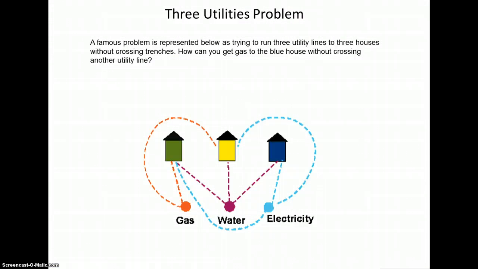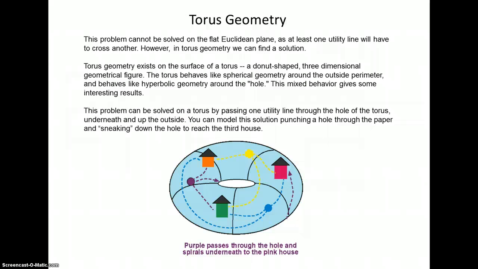A famous problem, the 3 utilities problem, also comes in with non-Euclidean geometry. If we have 3 houses and they each need to have 3 utility lines taken to them, and we don't allow utility lines to cross in any way, it is impossible in Euclidean geometry to have all 3 utilities go to all 3 houses. However, if we change to a non-Euclidean geometry, like a torus geometry, we can solve this problem.